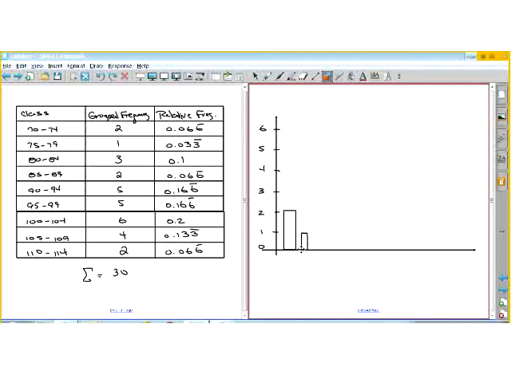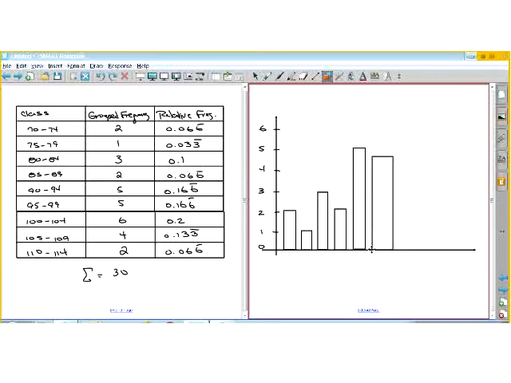So that's the first one. The next one is 1, so that's about that size. Next one's 3. Notice I make them all about the same width. The next one is 2 high. The next one is 5, so it goes all the way up to here.